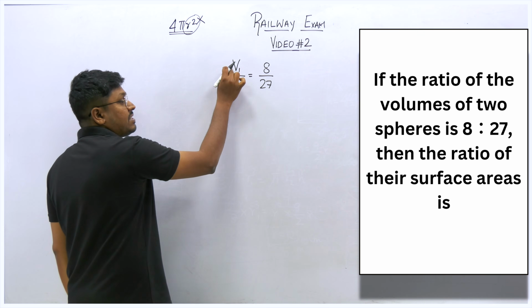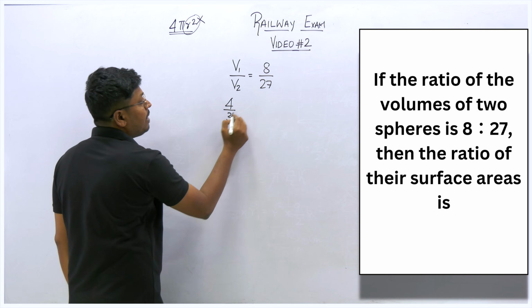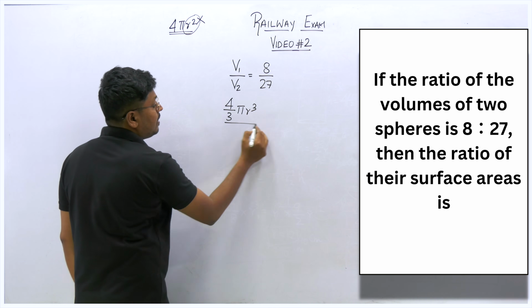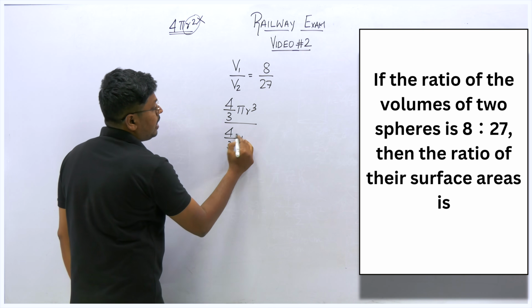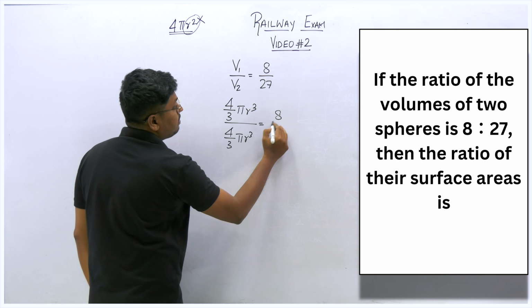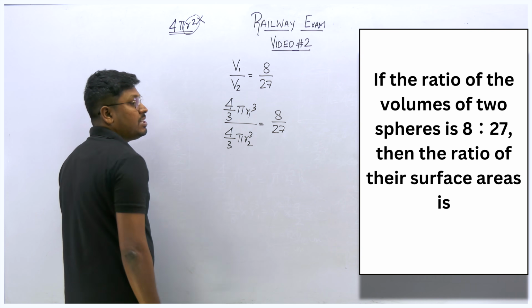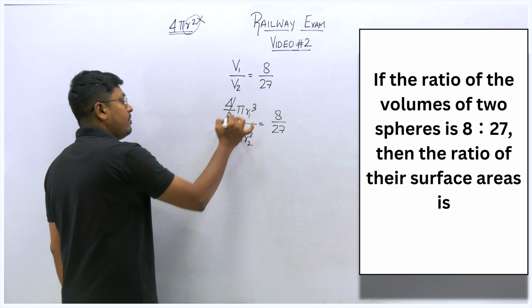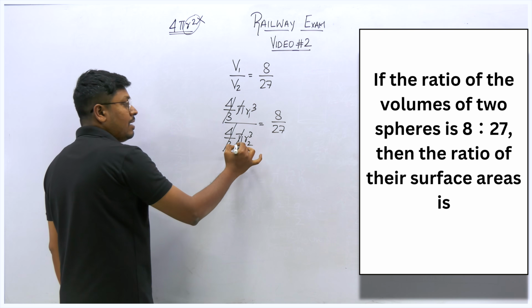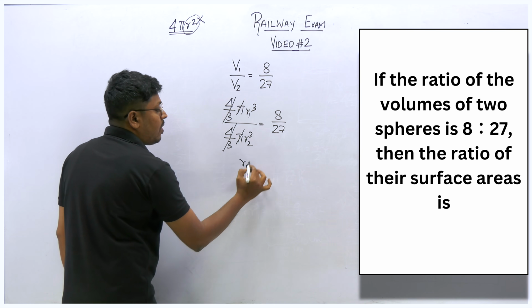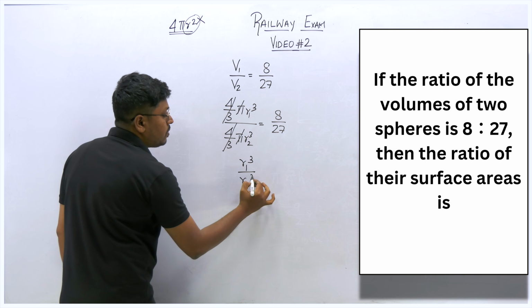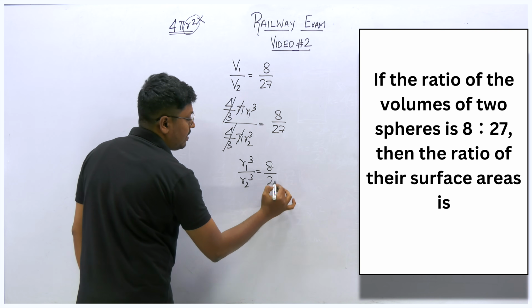The formula gives 4 by 3 pi r cubed divided by 4 by 3 pi r cubed equals 8 by 27, the first for the first sphere and the second for the second sphere. We can cancel 4 by 3 and pi, so r1 cubed divided by r2 cubed equals 8 by 27.